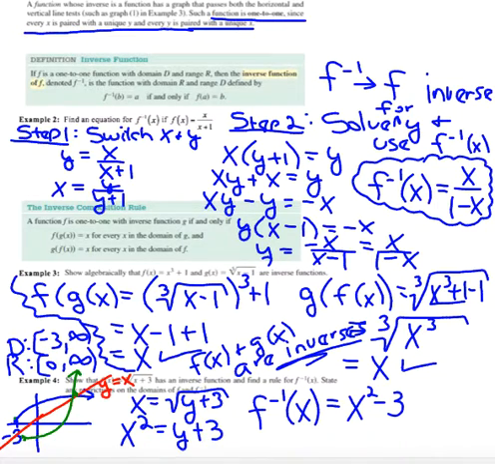Remember, the domain and range of the original function will be the range and domain of the inverse function, just reversed. So instead of the domain being negative 3 to infinity, it's going to be 0 to infinity. Looking at the graph, I graphed it badly, so I'm going to tweak it so you do a better job than I did.